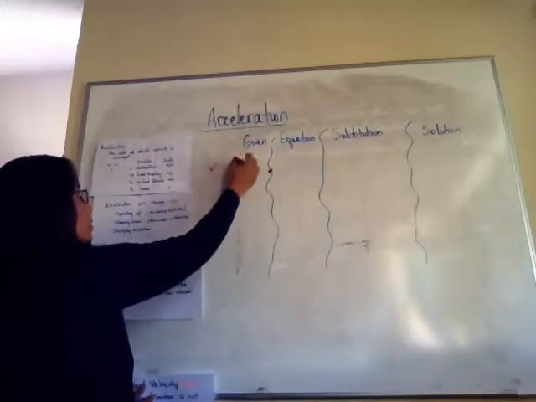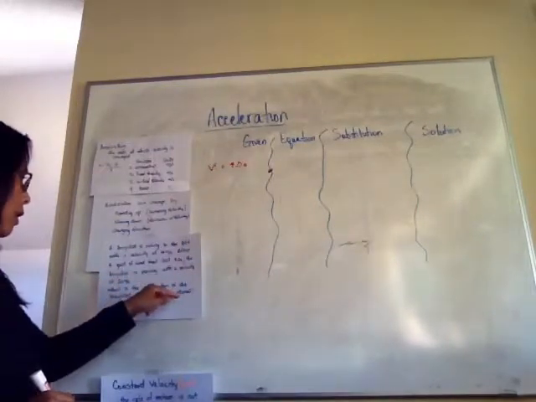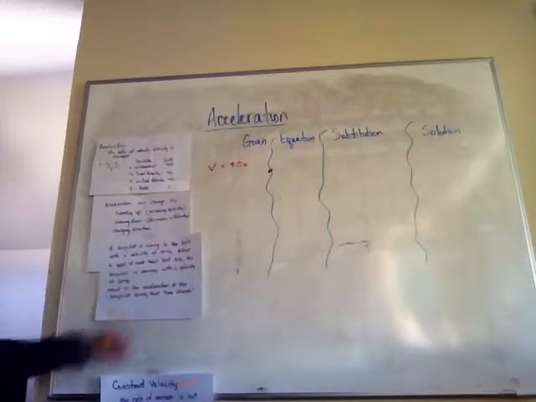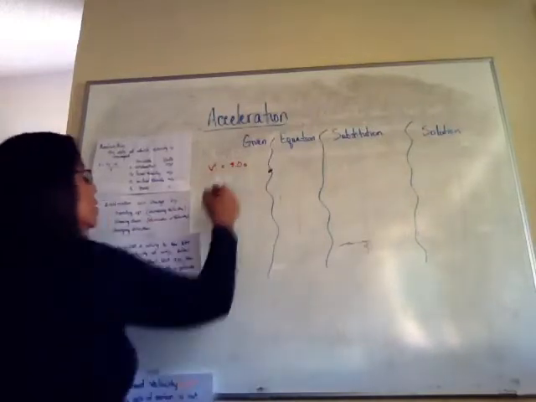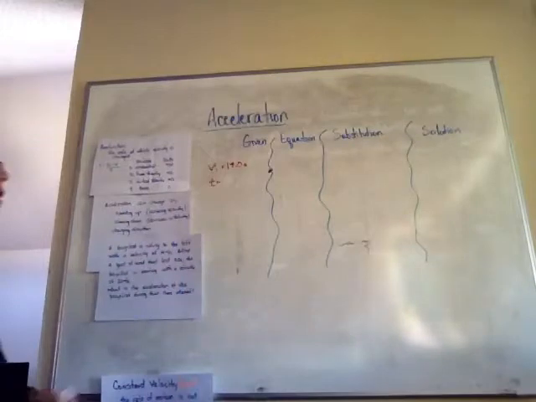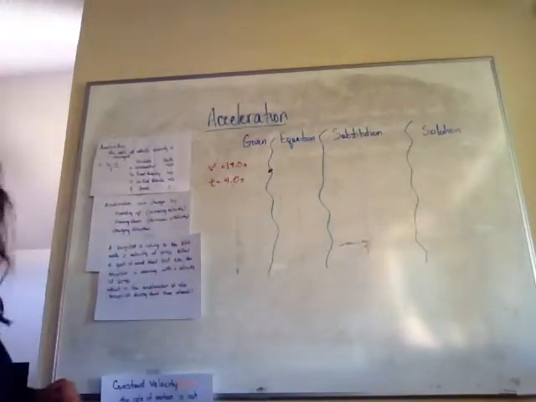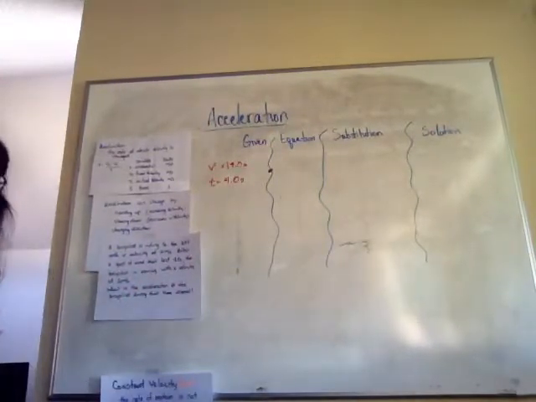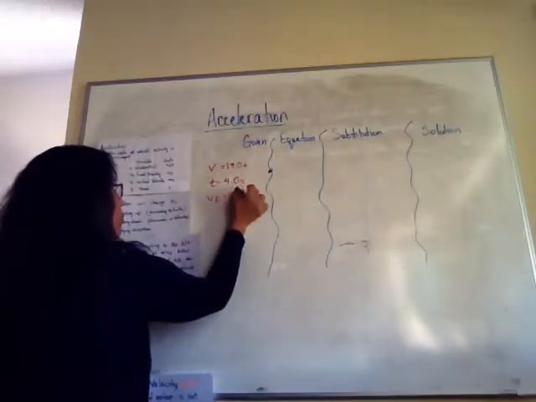Now it's saying that the cyclist has that velocity, and then a gust of wind comes and it lasts for 4.0 seconds. That's our time factor. After the 4.0 seconds has occurred, the velocity has changed to 20 meters per second. So we have a final velocity, 20 meters per second.